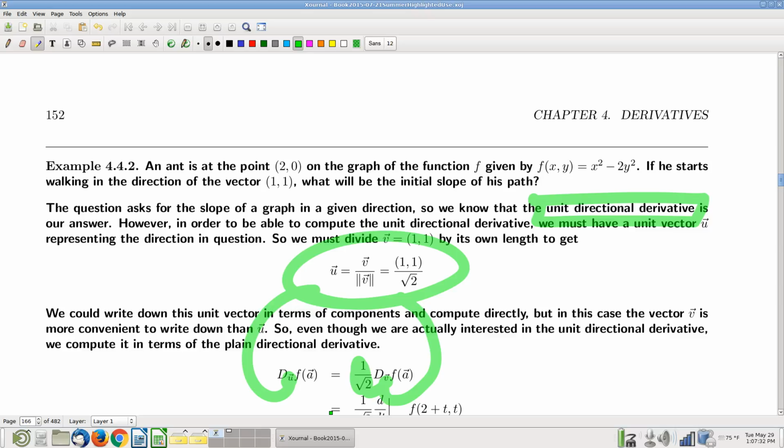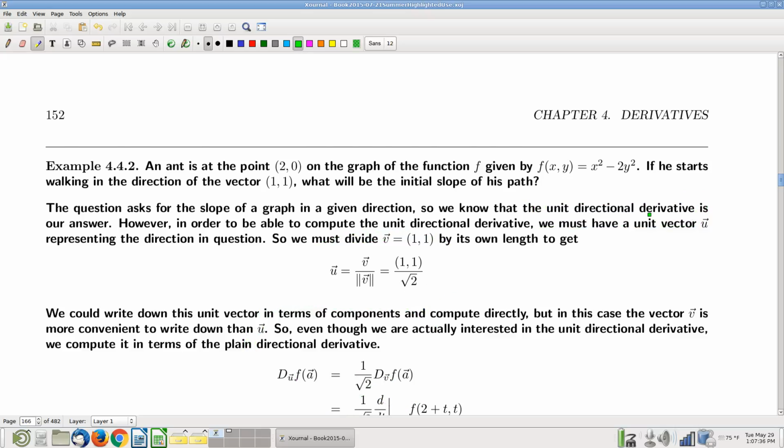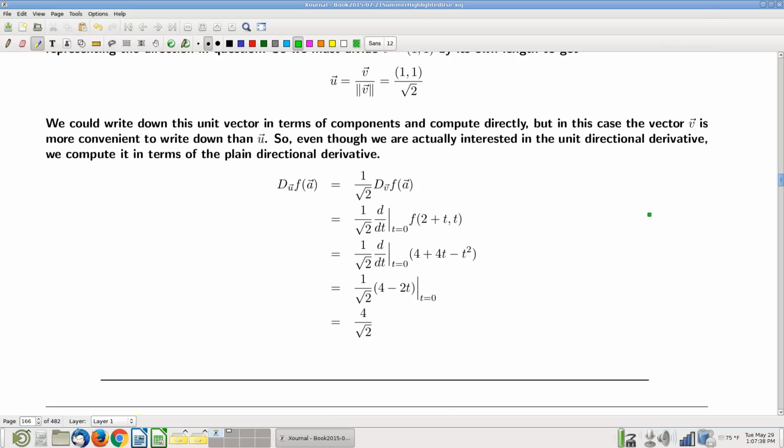Everybody see what I did there? Okay, now again, details, not that bad. Again, v having been easy to write down, I get an easy input parametric curve and the algebra works out nicely. Okay, so always think it through.